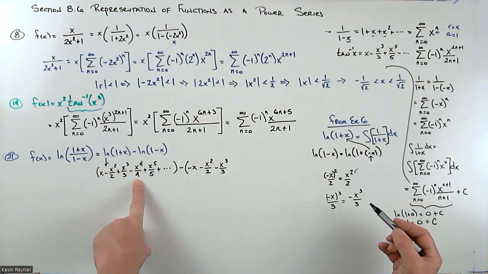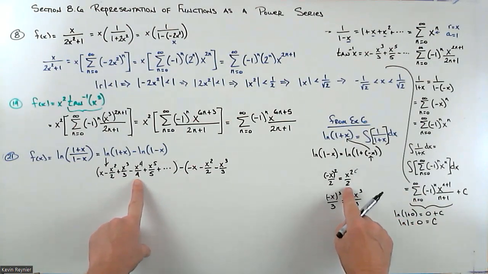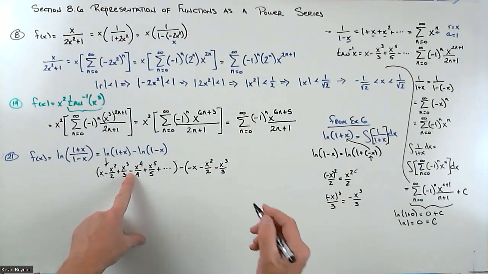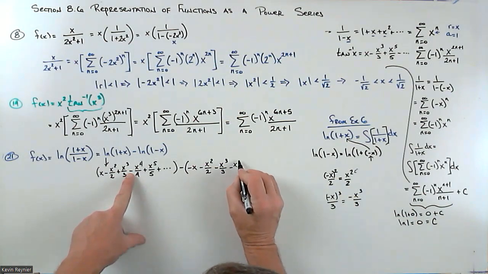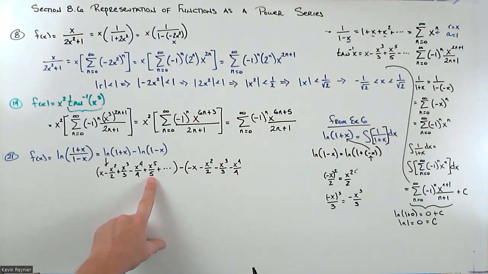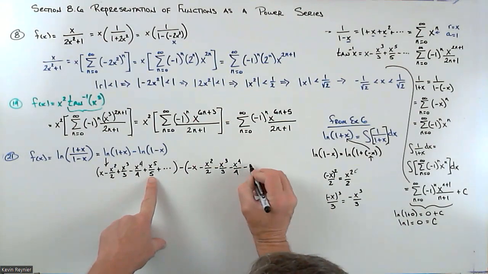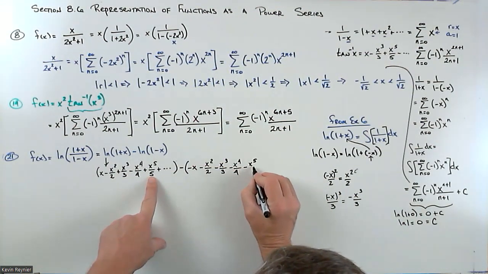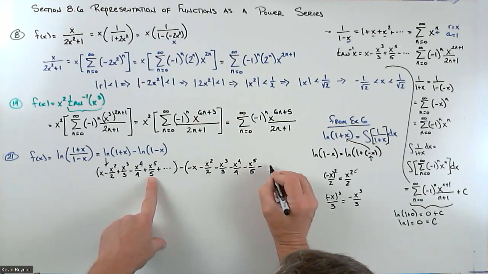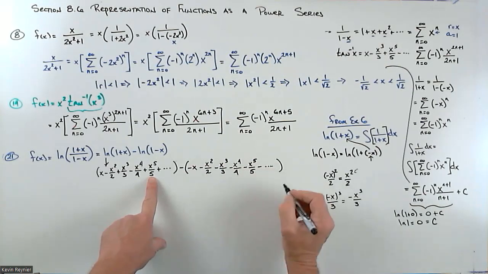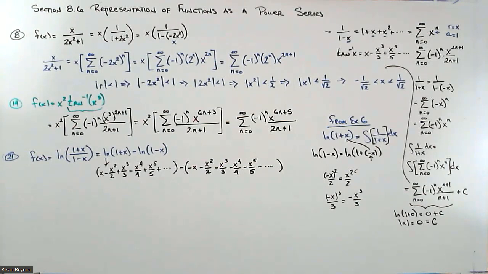X squared was even. So it's going to turn out to be positive once we take the negative x to the 4th power, but it presents a negative out in front, so that negative is going to stay. Here we have x to the 5th: negative times negative times negative times negative times negative. That's going to be negative. So that's going to be a minus x to the 5th over 5. So each one of these terms is going to be negative.